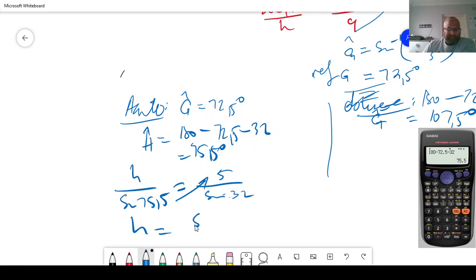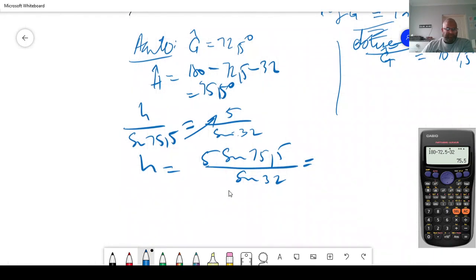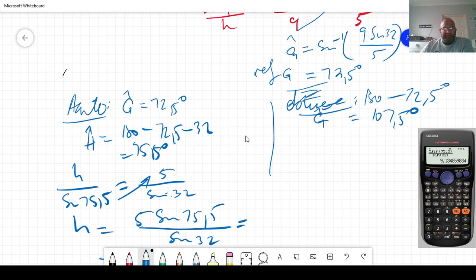Let's just take it up. So h is going to be 5 sine 75.5 over sine of 32, which makes the length of h 9.1 centimeters. Otherwise, if it's obtuse, I'll get this here.